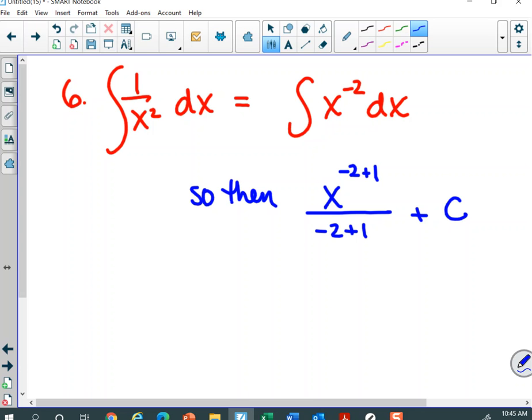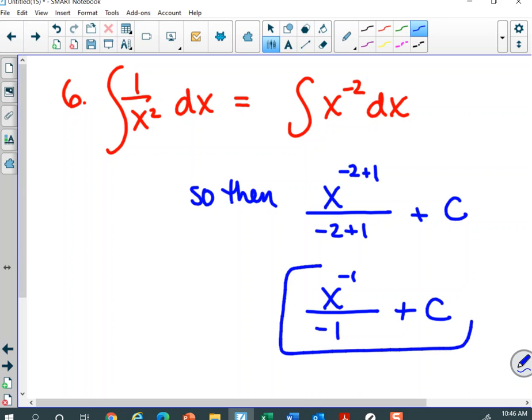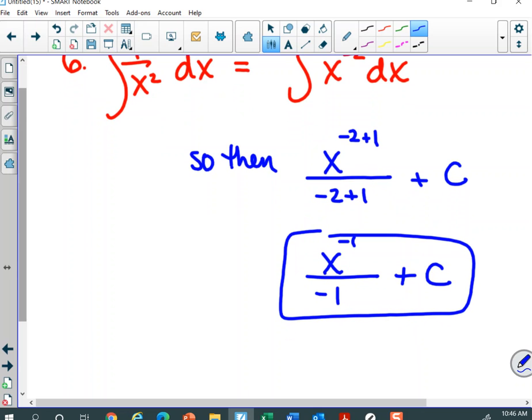And I'm actually going to be a little nicer to you on this guy. I do expect you to simplify the arithmetic. X to the negative 1 over negative 1. But I'm actually perfectly okay with you stopping there. There are some other ways to write that, but I'm okay with that.